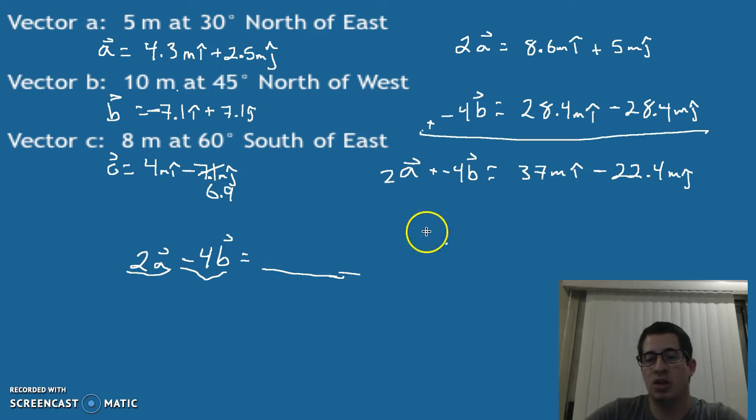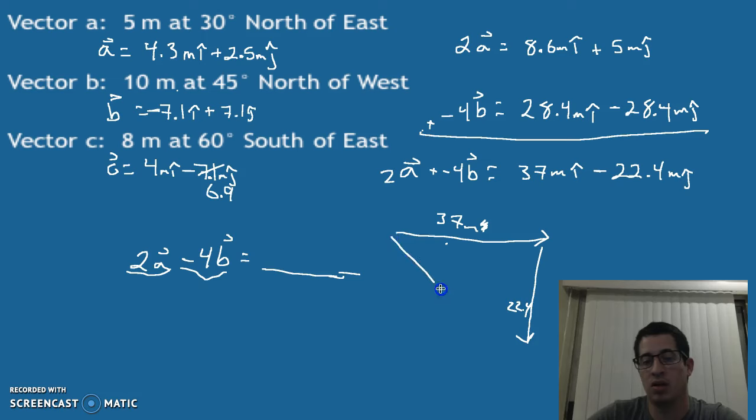And the last step is to write this vector in magnitude direction notation. We'll sketch it out real quick. That would be 37 meters for the i direction, and negatives will go down, 22.4 for j. So let's find the magnitude of our resultant vector and its direction.